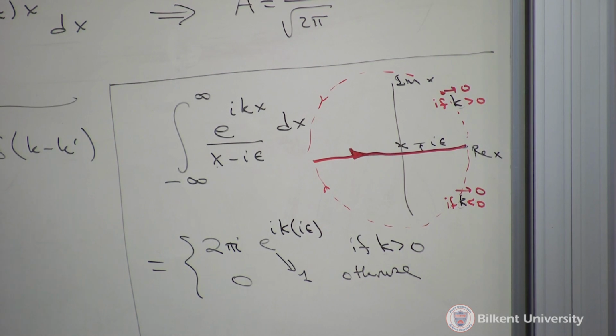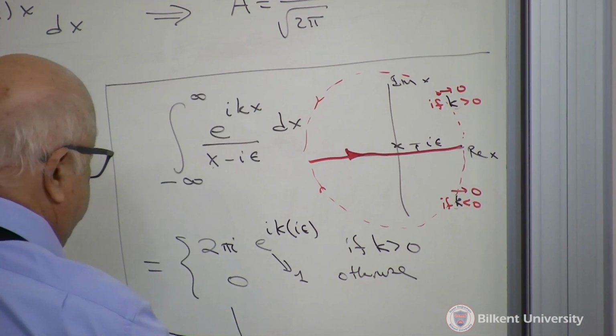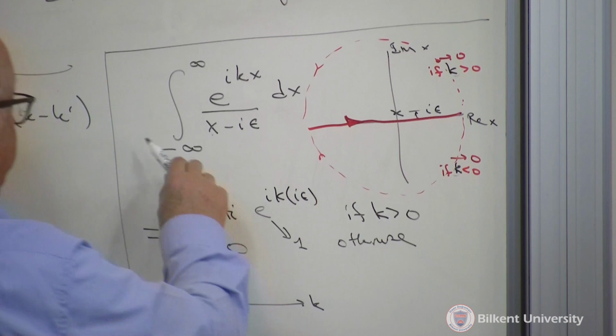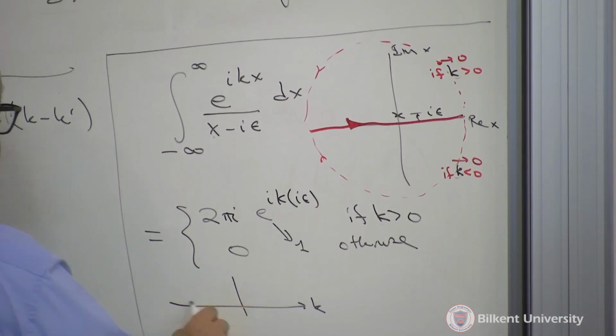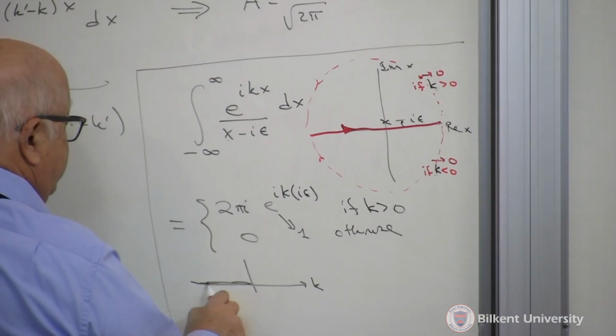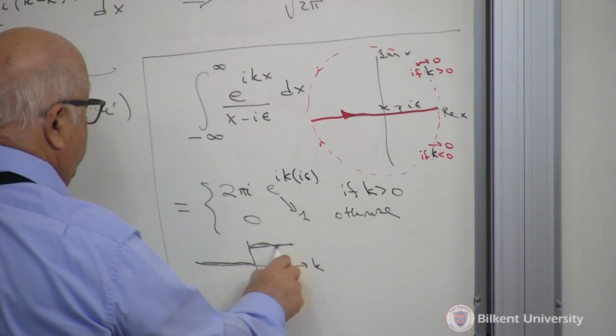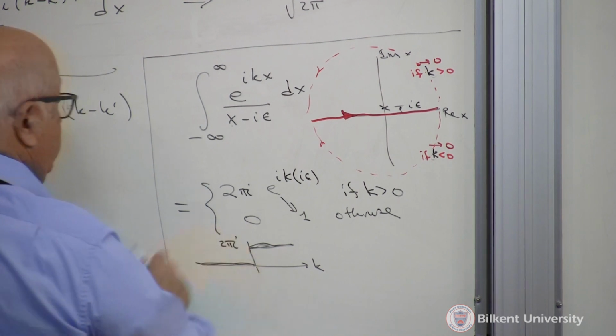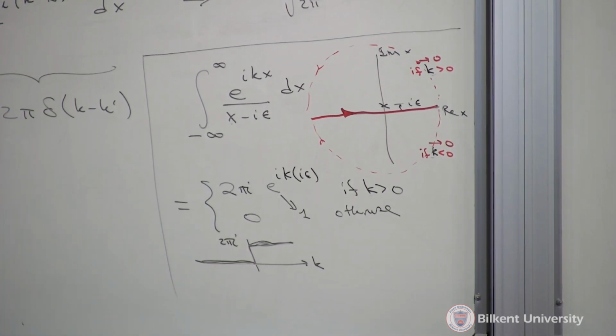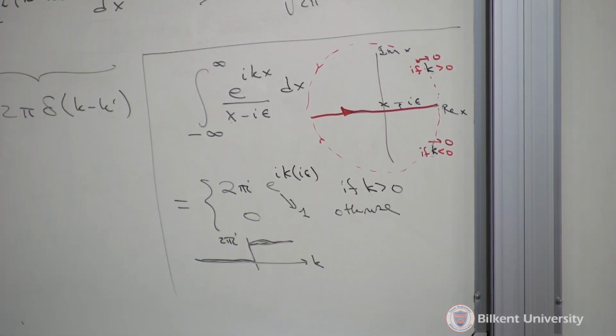So you get something which looks like this as a function of k. This integral is equal to 0 if k is less than 0, but it's equal to 2 pi i if k is greater than 0.